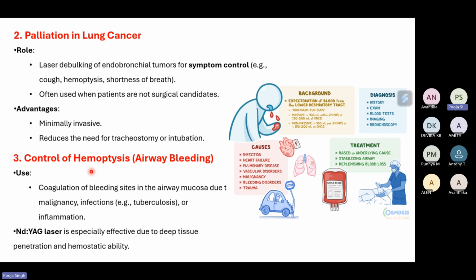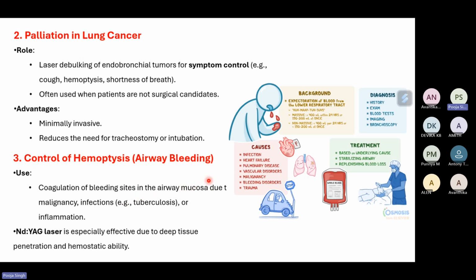Then the control of hemoptysis, airway bleeding. Sometimes when people cough, they get blood during the coughing. So what's the reason behind that? They have hemoptysis. Why does it basically occur? Because of bleeding at a site in the airway mucosa.